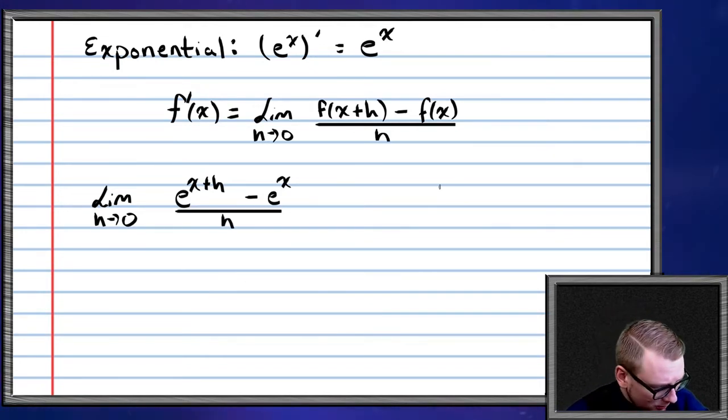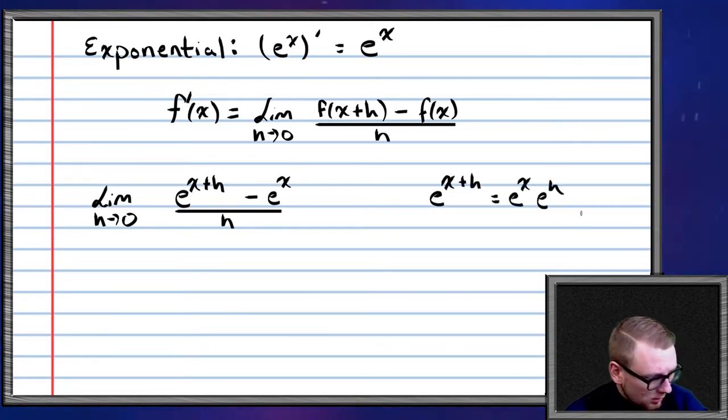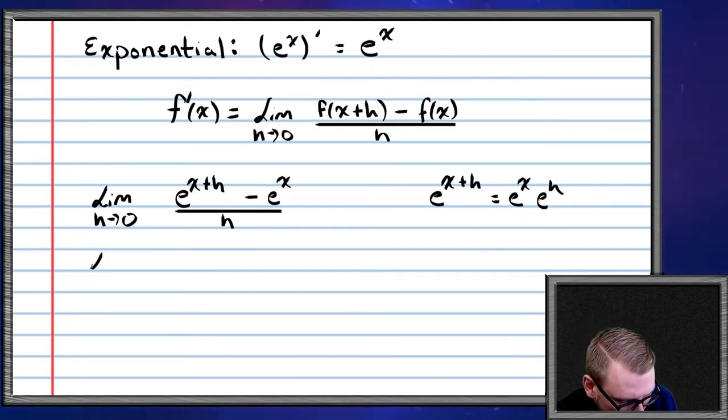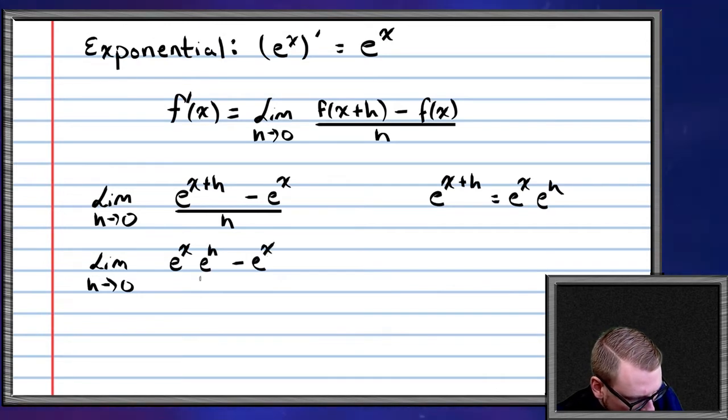Okay, well, log rules, e to the x plus h is e to the x times e to the h. So let's rewrite it again. We've got the limit as h approaches 0 of e to the x times e to the h minus e to the x all over h.